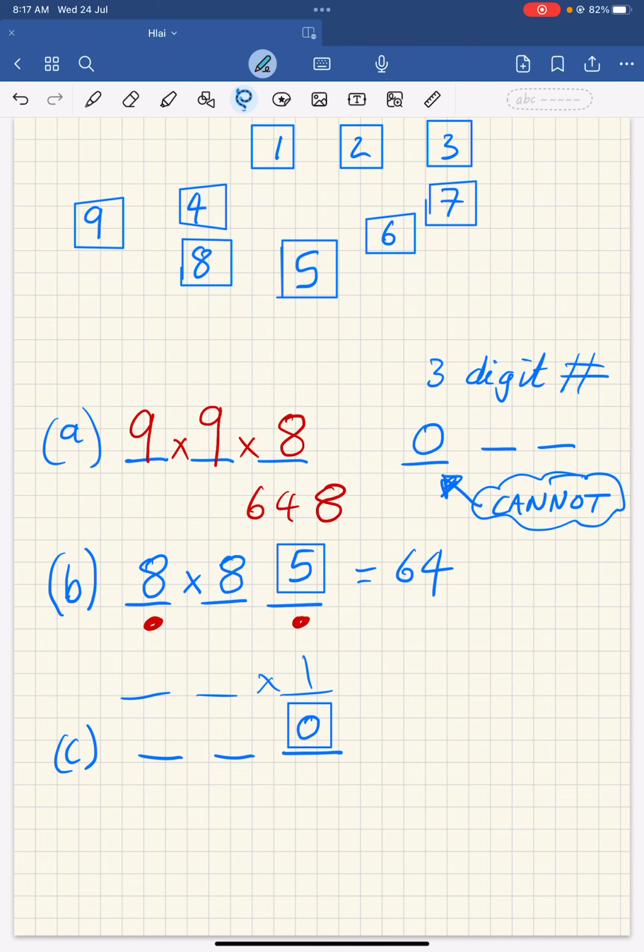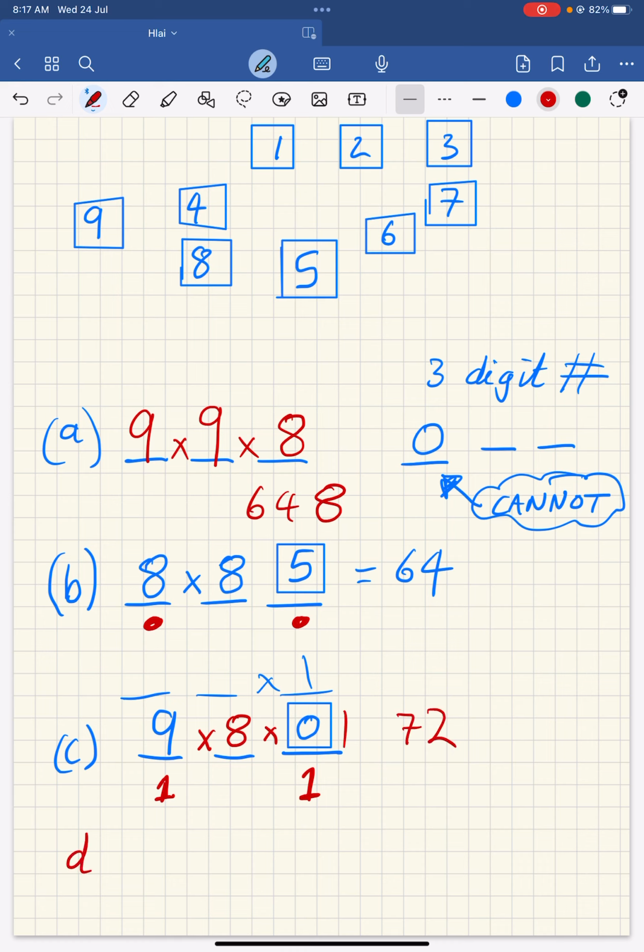So there's definitely 9 ways of filling this first one. And then if we've used one digit here, and we've used the 0 there, we've used 2 digits, therefore there's 8 digits left. 9 times 8 is 72, and there's only one way of filling this last one here, so that's 72.